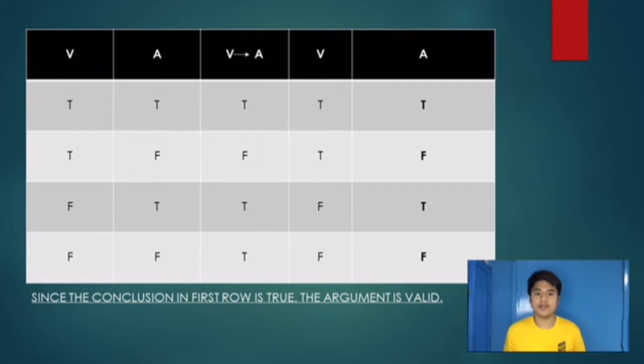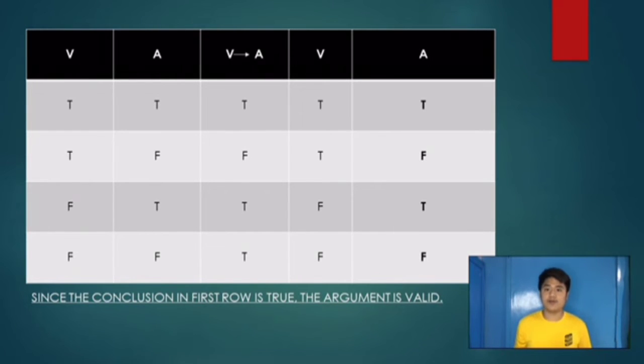If an argument is valid, then every assignment where the premises are all true is also an assignment where the conclusion is true. It so happens that there is only one assignment, the first row, where both premises are true. We can see from the last cell of the row that the conclusion is also true under such an assignment. To sum up, since the conclusion in the first row is true, the argument is valid.